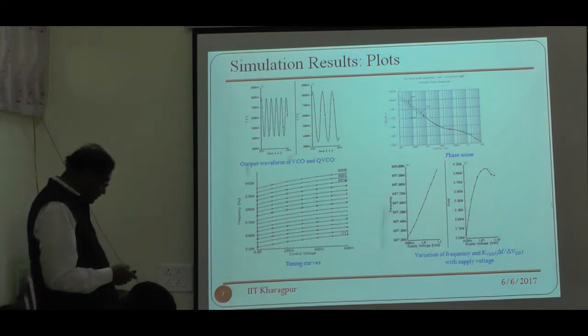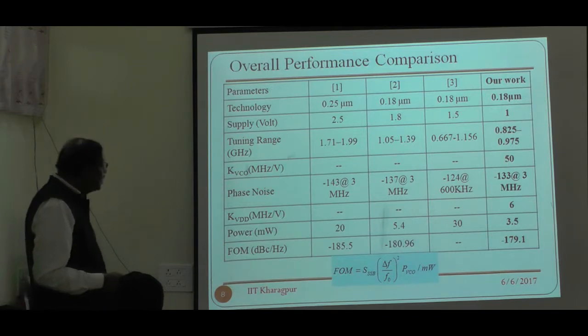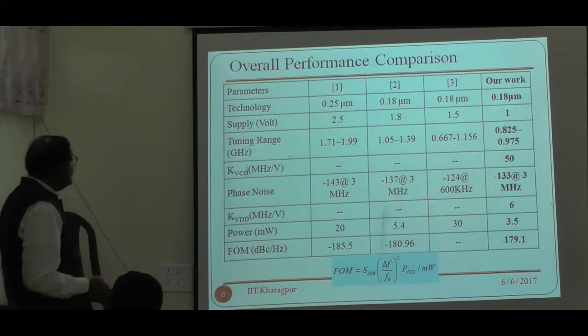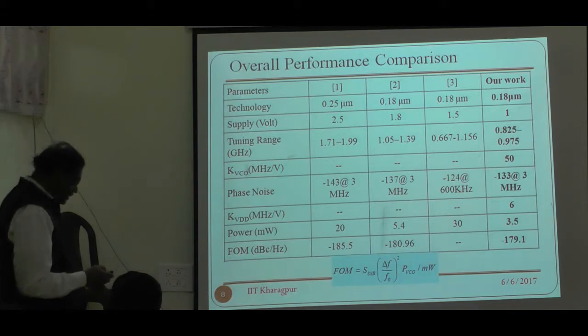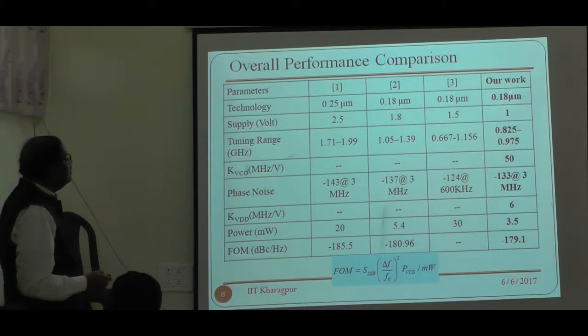You are also having two kinds of VCO operation: one is for coarse tuning, another is for fine tuning. So look at here, if you make this kind of design, suppose you have a 1.8 volt supply and 0.18 micron technology, but you are given the task that the oscillator is to be designed with only 1 volt. Then you can see what tuning range you are expecting.